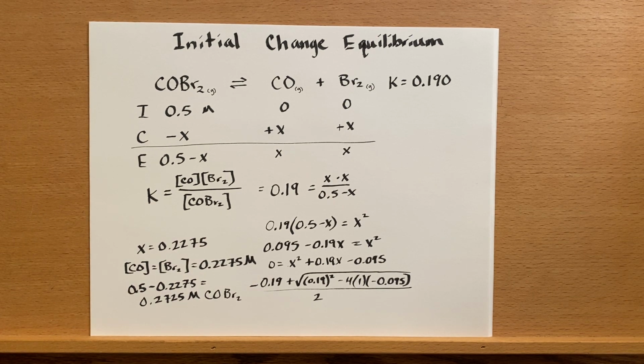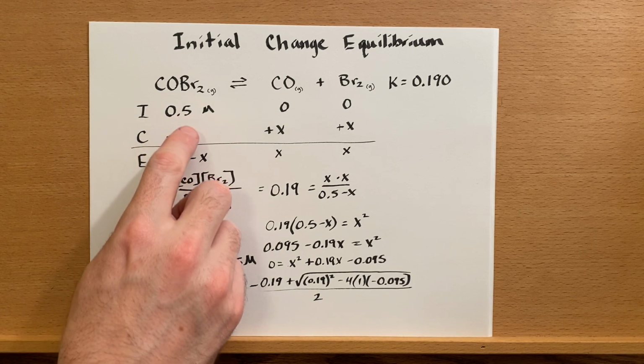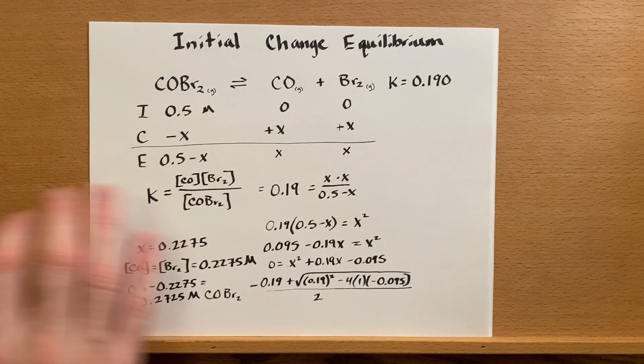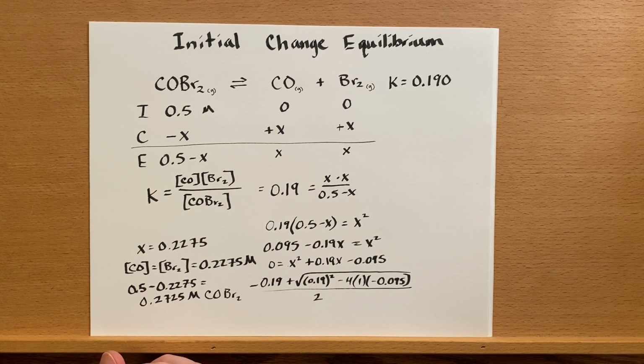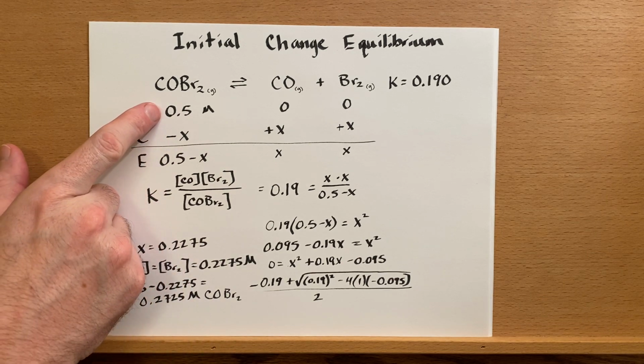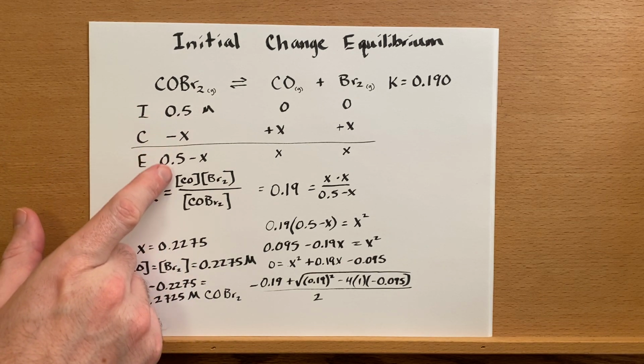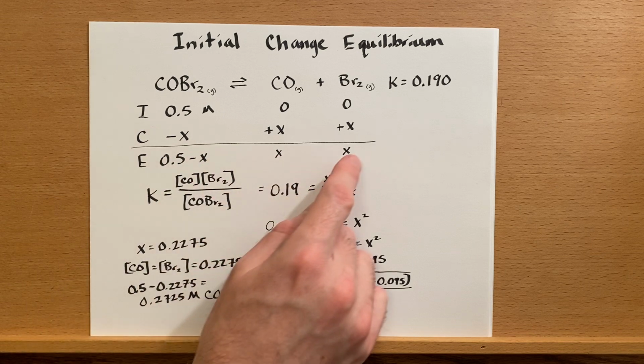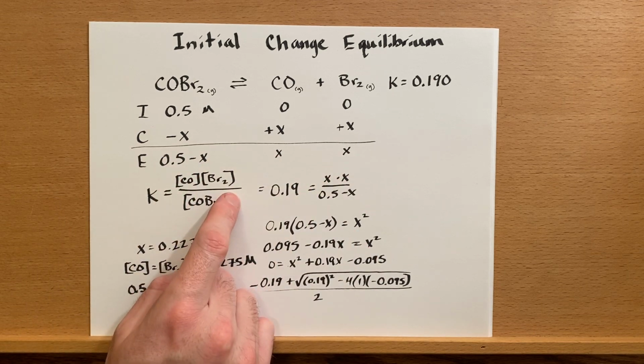Now, you might wonder how we're able to use concentrations here. Well, since everything is in the same container, you can actually treat concentrations just like they're moles. And so I generally just leave these as concentrations because the concentrations are what needs to go in the equilibrium constant.